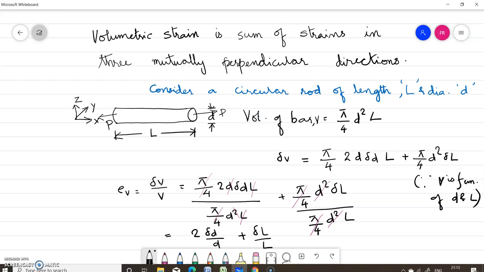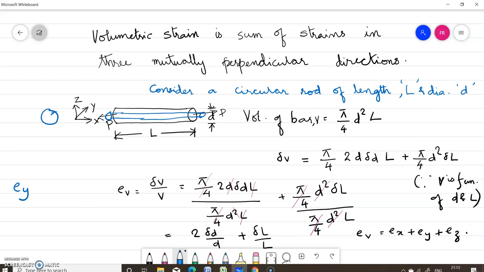Okay, so you have to express EV as EX plus EY plus EZ. So in this case, what is EY? There will be change in the diameter. So change in dimension in both Y and Z direction will occur due to the change in diameter.